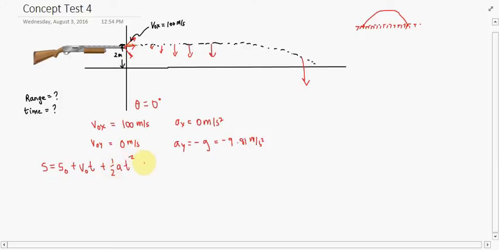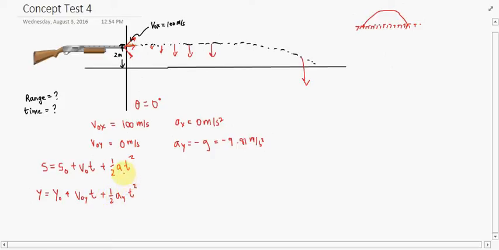Remember, we're going to break this into its x and y components as we've discussed in previous videos. Since we need to solve for time first, before we can solve for range, we'll use the y equivalent of this equation. It says that the final y position is equal to the initial y position plus the initial velocity in the y direction times time plus 1/2 the acceleration in the y direction times time squared.